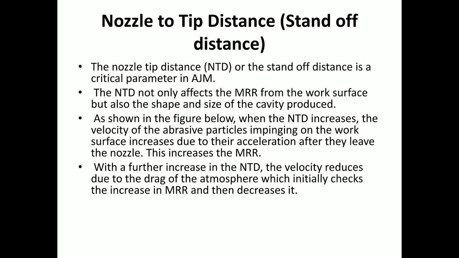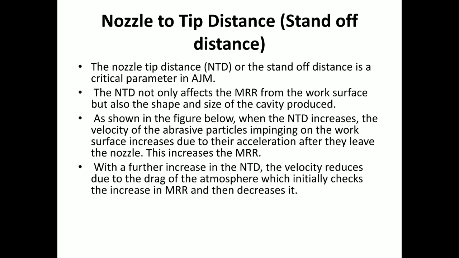So if you further increase the NTD, the velocity reduces due to the drag force of the atmosphere. Drag will come into action. There is acceleration also, but the atmospheric drag is also acting on those particles, which reduces their speed, which initially checks the increase in MRR and then decreases it. So MRR will decrease.